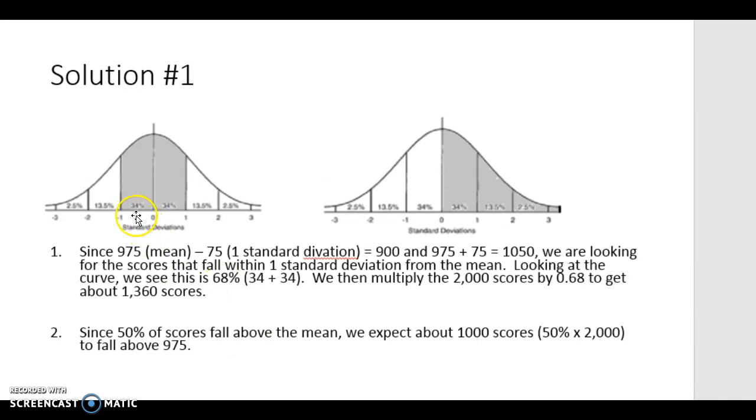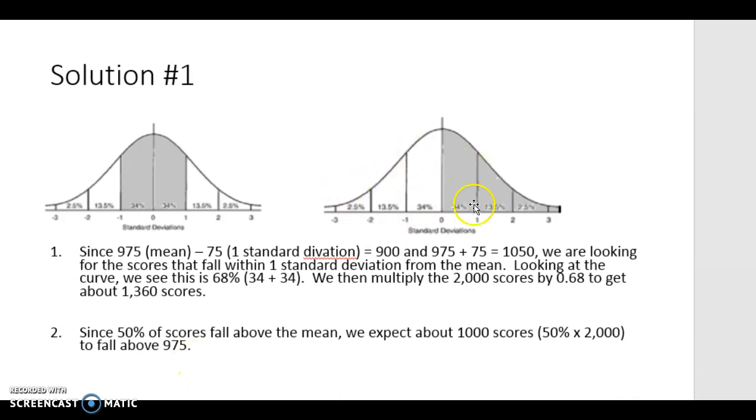So looking at the percentages, 34%, 34%, add them up, we get 68%. So about 68% of the scores are going to lie within 1 standard deviation of the mean, or between 900 and 1050.